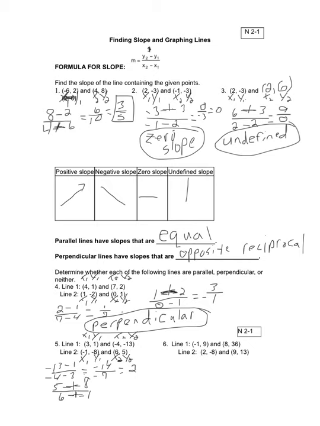So now on this particular one, we have 5 plus 8, which is 13, over 6 plus 1 is 7. Okay, 13 over 7 cannot be reduced. That one is reduced all the way. If I divided it, it would give me a number other than 2. So we know that this one has totally different slopes. So this one would be neither.